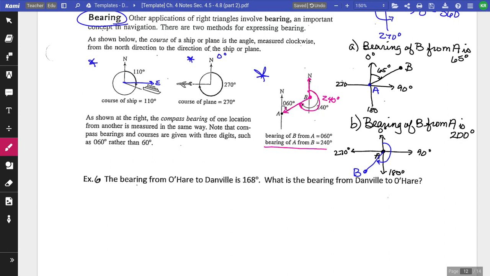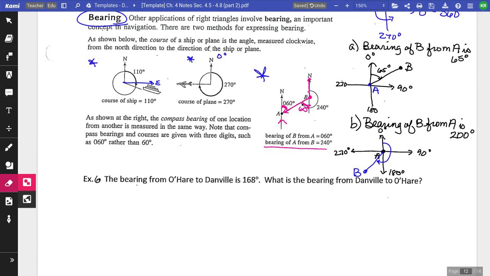Okay, so how do you know that that's 240 degrees? So let's go back here for a second. Okay, so if this angle is 60 degrees, these north lines, these are parallel lines. Remember from geometry, parallel lines. So if this angle here is 60 degrees, this angle must also be 60 degrees because of alternate interior angles.